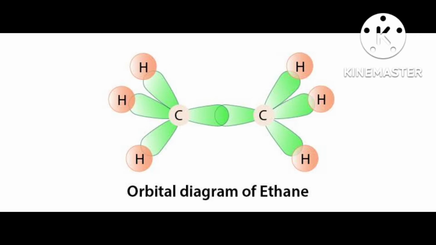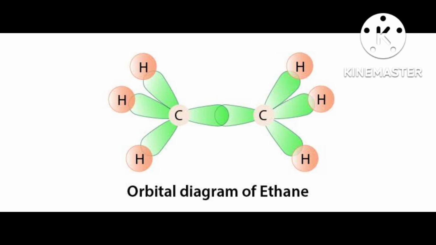And with the other carbon the same thing, so total in ethane 3 plus 3 plus 1, 7 sigma bonds will be there.